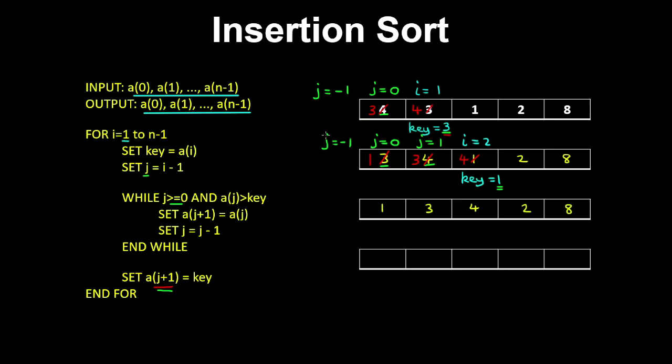And now in the next iteration, i is equal to 3, and we set the key equal to the number at this index, which is 2. And then j is equal to the index of the previous element. And then j is greater than or equal to 0, and the element at index j is greater than the key.